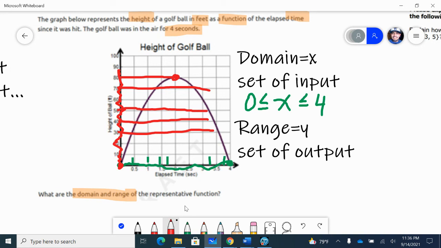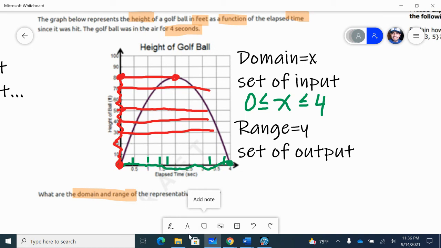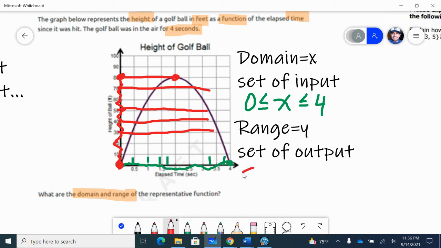Now notice how, again, I'm putting dots because I use these points, right? 80 was the maximum that my ball got, so I got up to an 80. 0 is where I started, so that is what I'm going to use. So my range, or actually I'm going to write it in here, is 0 to 80.